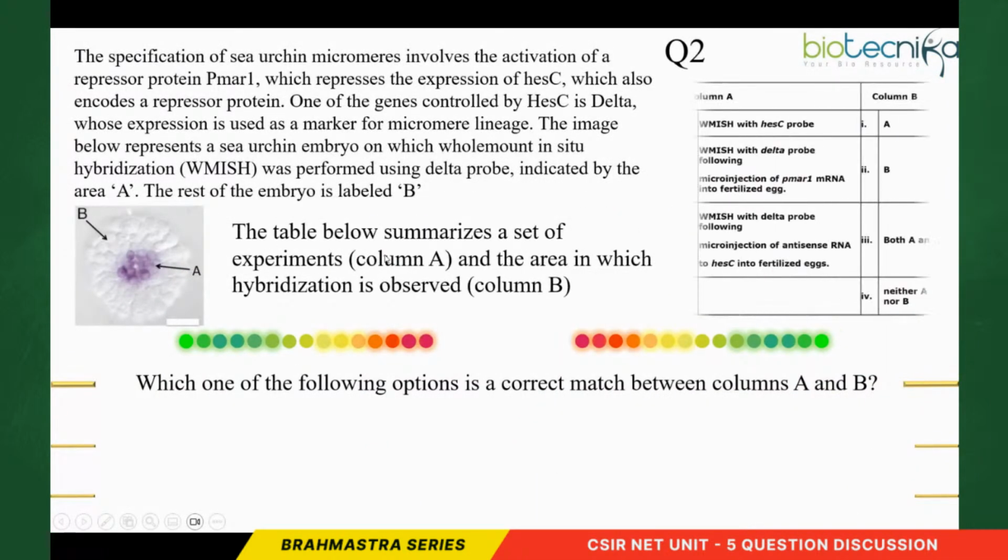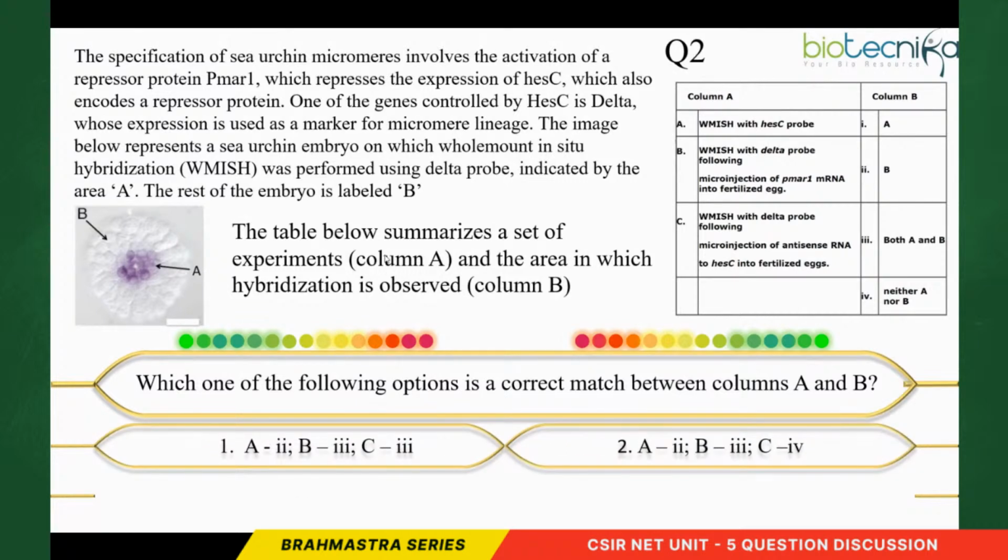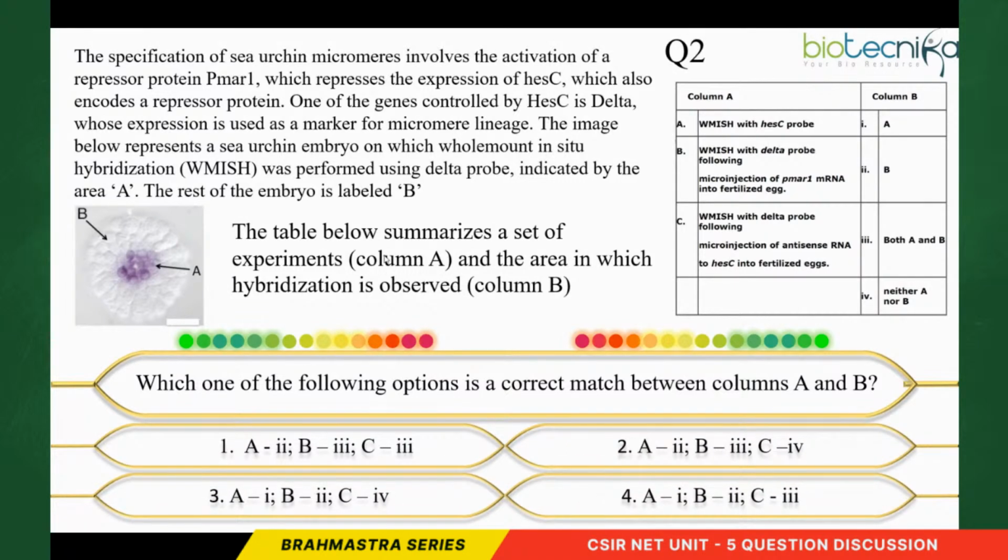Okay, this is regarding sea urchin. You can answer this regarding sea urchin. As you would know, in sea urchin you have a specific type of cells present at the vegetal pole, and those vegetal pole cells are called micromeres. And that too, these are the large micromeres. So, what are large micromeres?